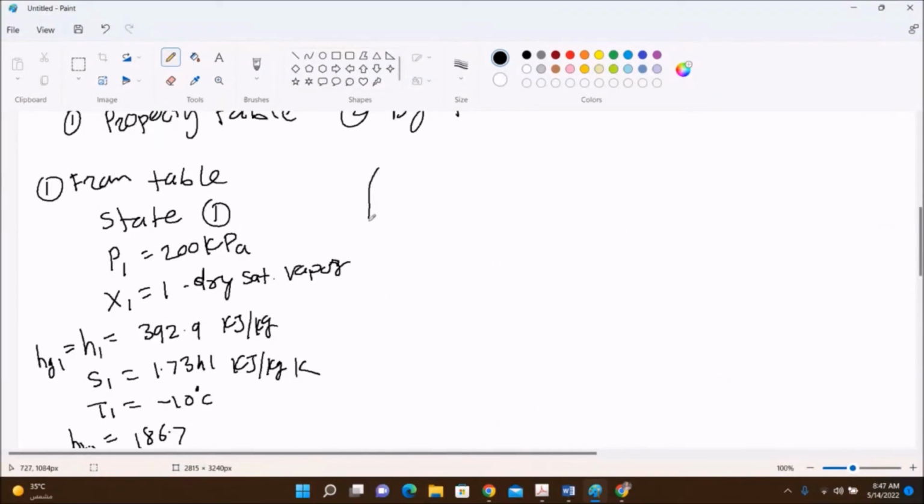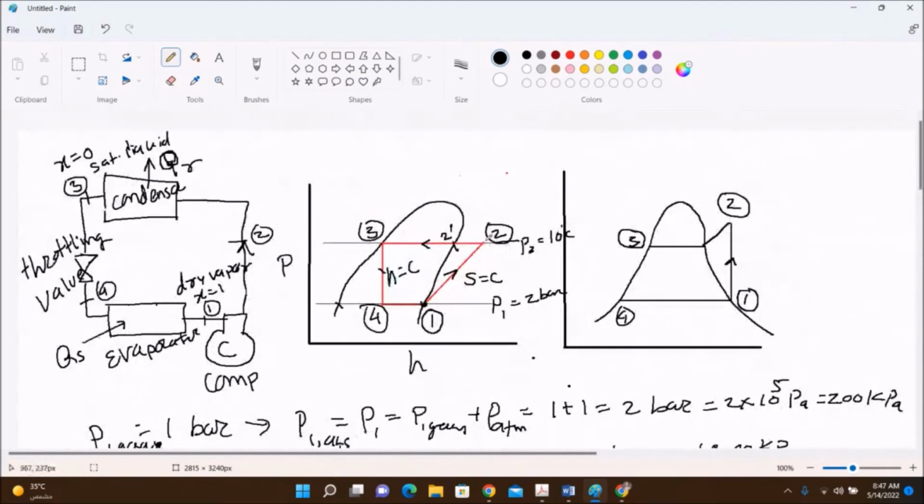So first I will find all enthalpies and what I know at state 2. Yes, it is superheated. I know the pressure only, and entropy is constant because it is an isentropic process. So S2 is equal to S1.